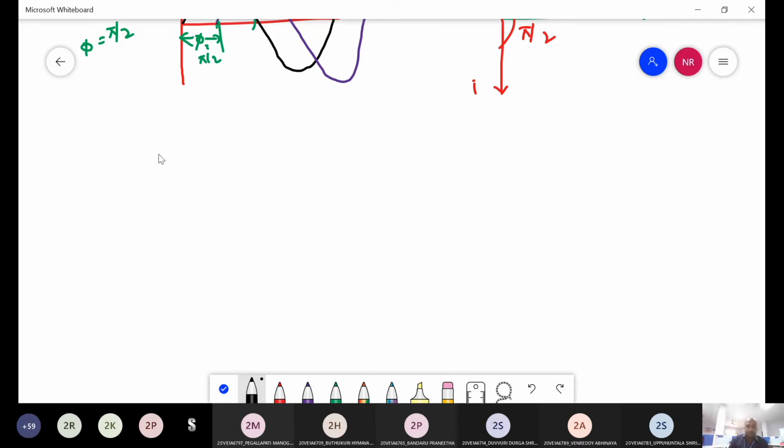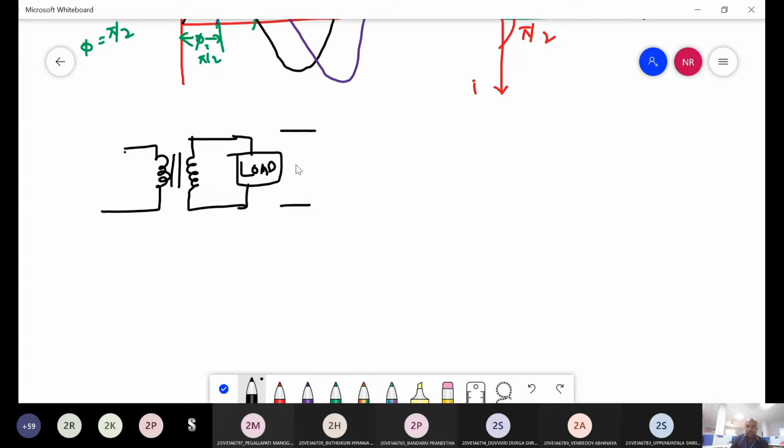సో ఓకే, so here when the transformer is connected, here when the load is connecting, here voltage is V2, here current is I2.